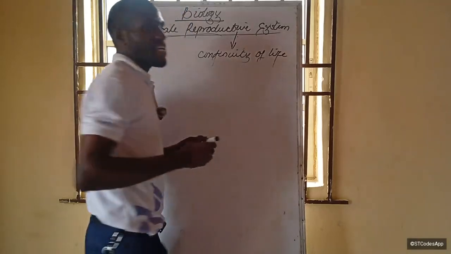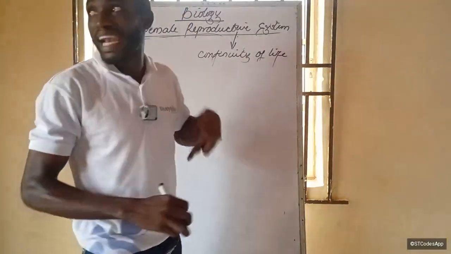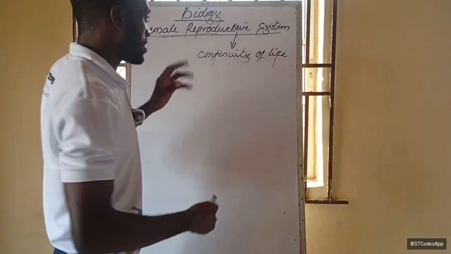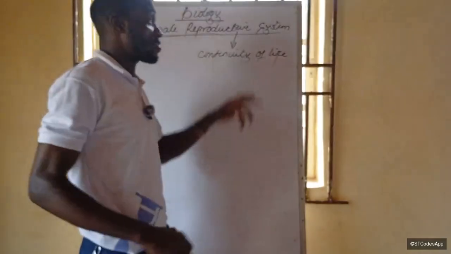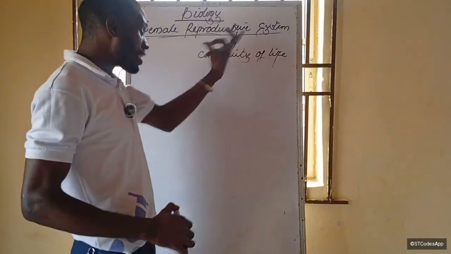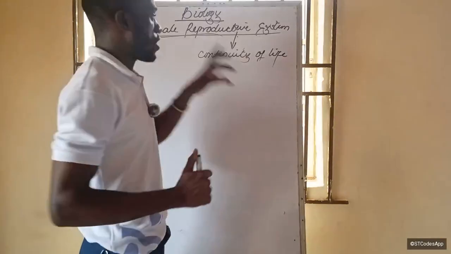It is majorly concerned with giving rise to another organism like yourself. Is that clear? That is the chief work of the reproductive system. For example, if you remove every other system from your body, you cannot exist, but not like the reproductive system. It is not concerned about your existence, like I said.